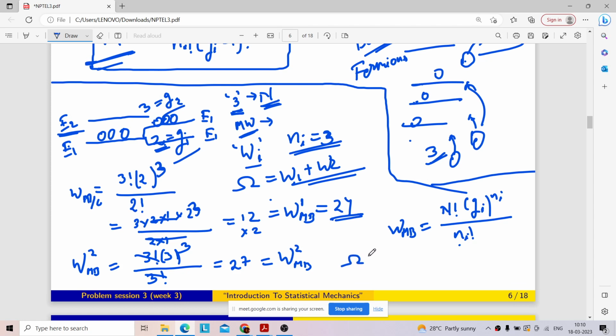You can denote it as this symbol or W, whatever you want. So this will be the summation over Wi, i goes from 1 to whatever the given energy states. For our case, it is 2. So this will be 24 plus 27. This is 51. So the number of microstates for Maxwell Boltzmann is 51.